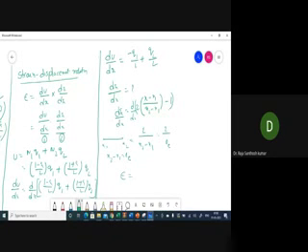If you simplify this equation, what we get is minus Q1 by 2 plus Q2 by 2.